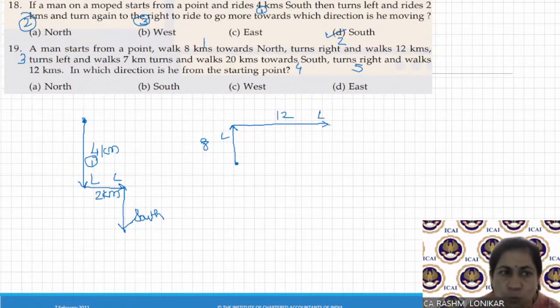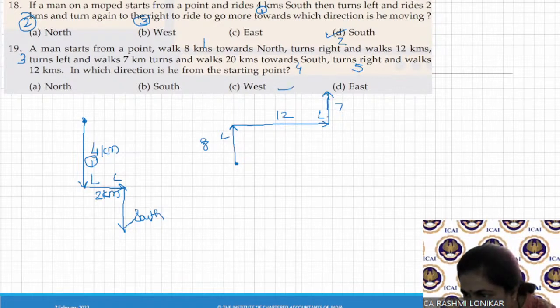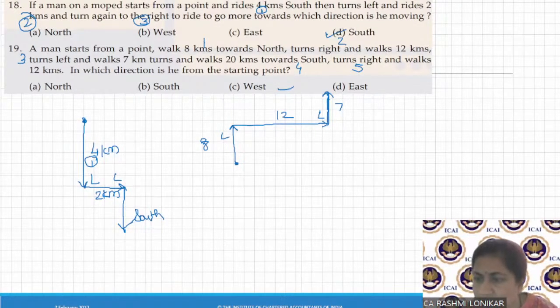Turns left and walks 7 kilometers. And walks 20 kilometers towards the south. So he will come back in this direction, 7, and then he will move 13 kilometers south.